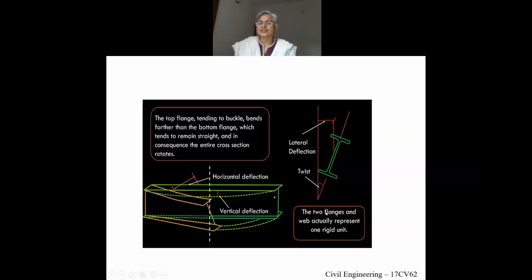The two flanges and the web actually represent one rigid unit, so this rigid unit gets twisted. The top flange, tending to buckle, bends farther than the bottom flange, which tends to remain straight, and in consequence the entire cross section rotates. This is the angle of twist you can see.